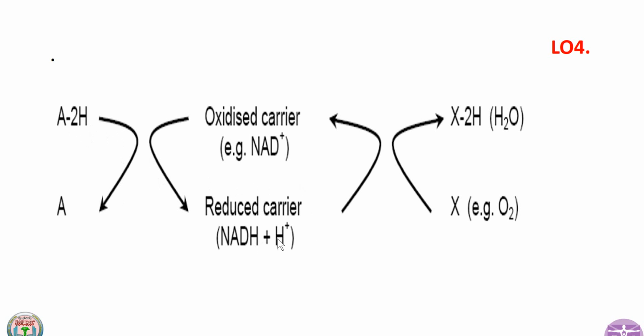And then the NADH plus H+ will be converted to its oxidized form by releasing its hydrogen atoms in an oxidation reaction on the other side, in which the hydrogen is used. This compound carries the hydrogen atoms from one side to another side to facilitate the oxidation and reduction reactions.